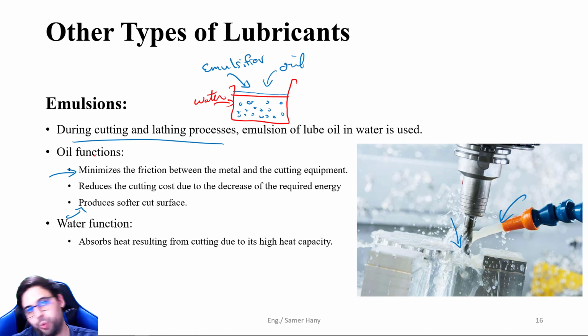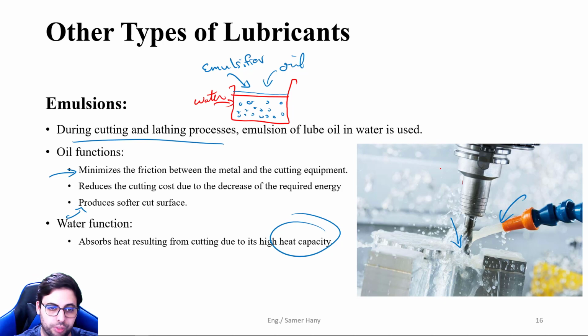And when we remove that heat into the water, since it has a high heat capacity, we make this go smoother, and we prevent the machines or the parts that we're working on from overheating or any thermal stresses or something like this.